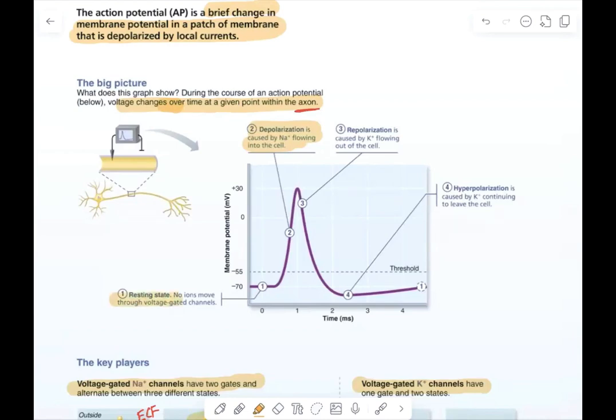It begins at the resting membrane potential, which means no ions are moving through voltage-gated channels. The sodium and the potassium gates are closed. Then in number 2, we have sodium influx because those voltage-dependent sodium gates are opening.